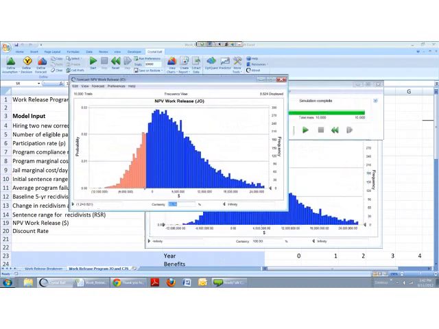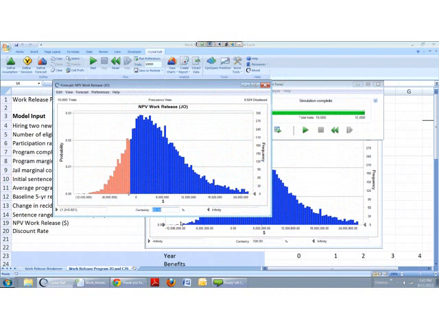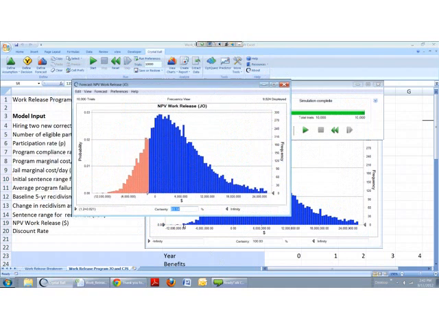And this is the outcome that emerged for the basic work release program and its benefits for the jail. And what you can see here is, so this value here is 0. So we have a bit of a right tail where it can get pretty high. Most of the time it doesn't get much lower than 6 million. Most of the time it doesn't get much higher above 18 million.